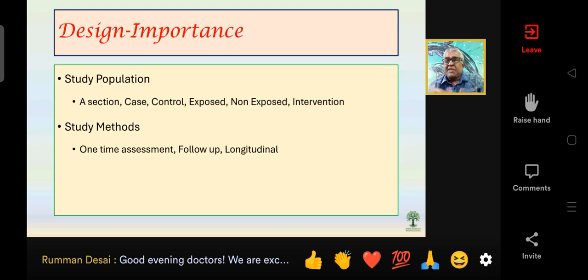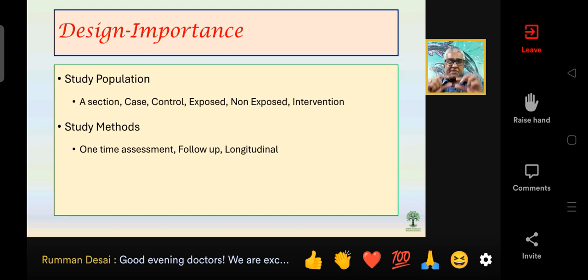In another design, it involves selecting people who are exposed to a particular factor and looking at what happens to them later on based on the exposure to this factor, and comparing that to people who have not been exposed to that factor. Study population can also involve people who have been subjected to one particular intervention and comparing that to people with a different intervention.